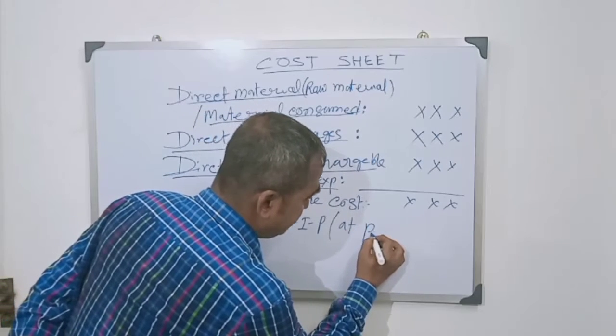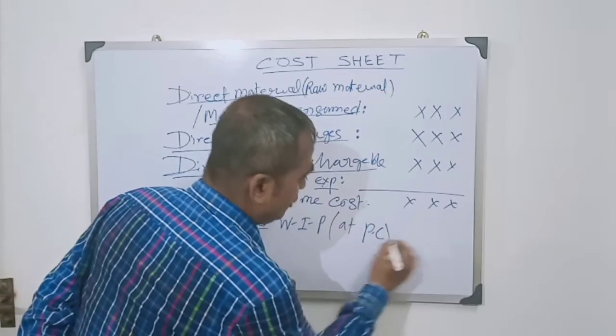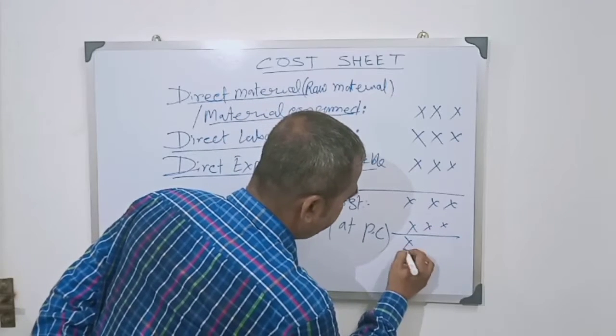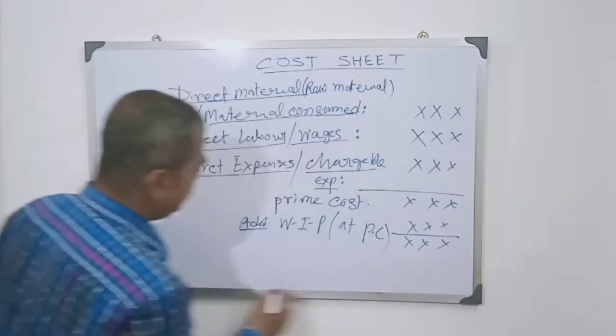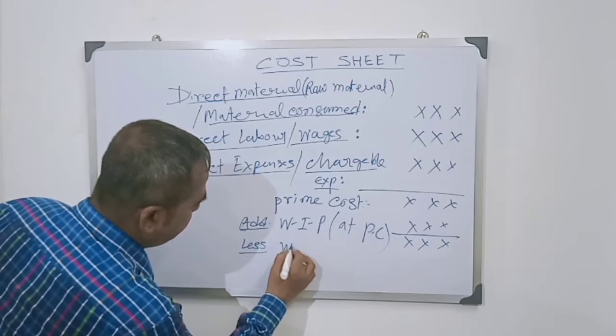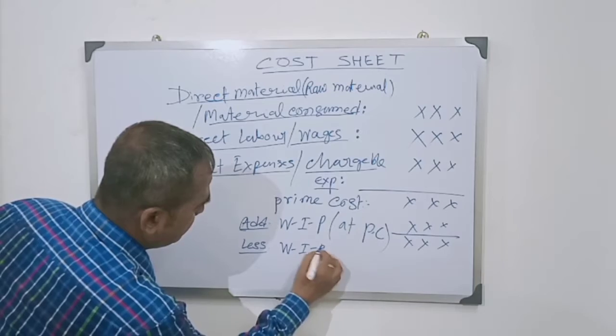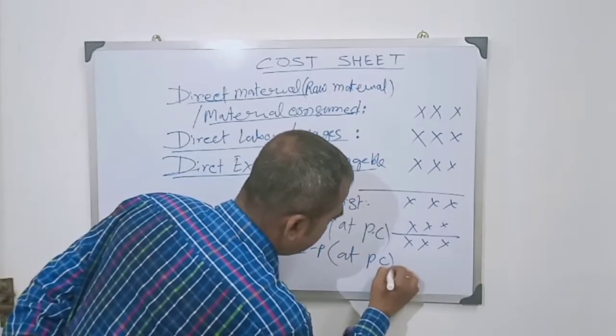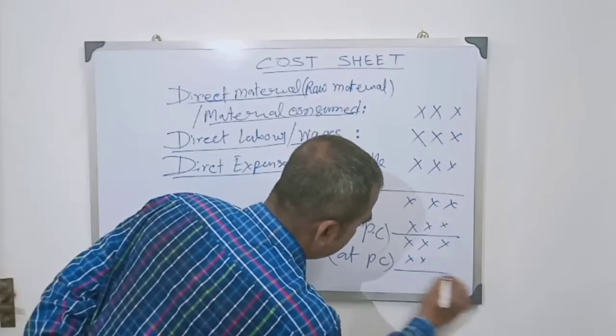At prime cost, that should be added. Similarly, less WIP at prime cost, that you have to deduct.